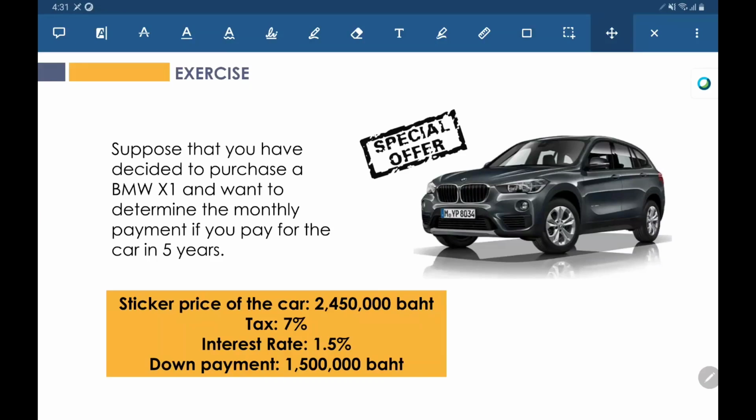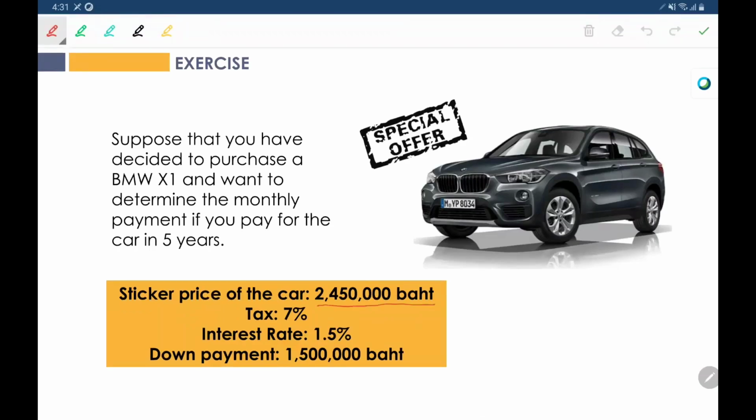First of all, you have to find out the total cost of the car. The car costs 2.45 million baht. But the total price means the cost plus the tax.